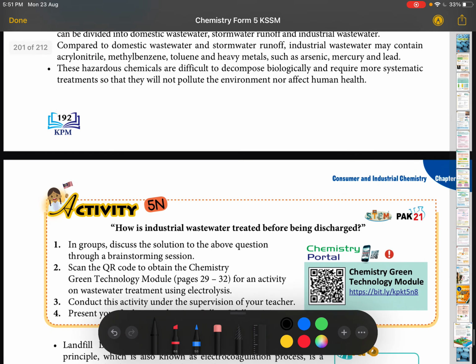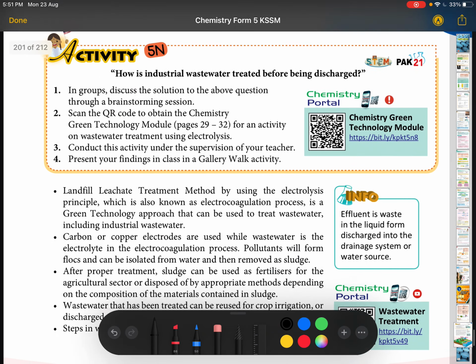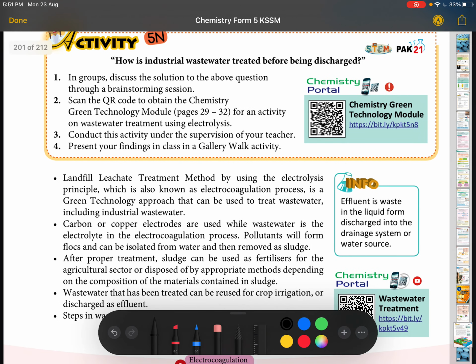You know how some pollutants are salts, or they can be ionized. Oh no, they don't have to be ionized. They can be ionized by the process itself. So inside the chamber the wastewater undergoes electrolysis, and then the pollutants will stick onto the electrodes.